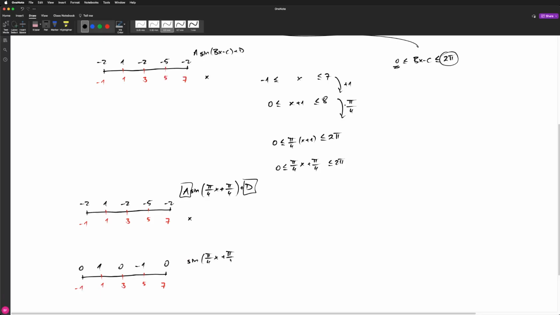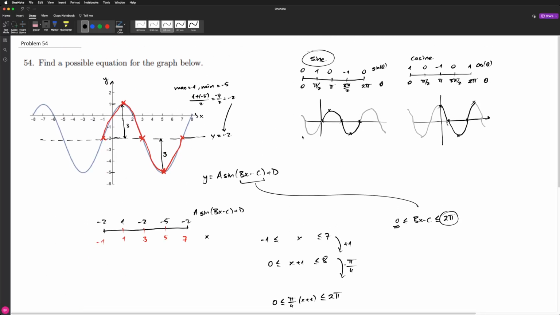What was that vertical transformation, from here to there? What happened? You can see that from the graph.